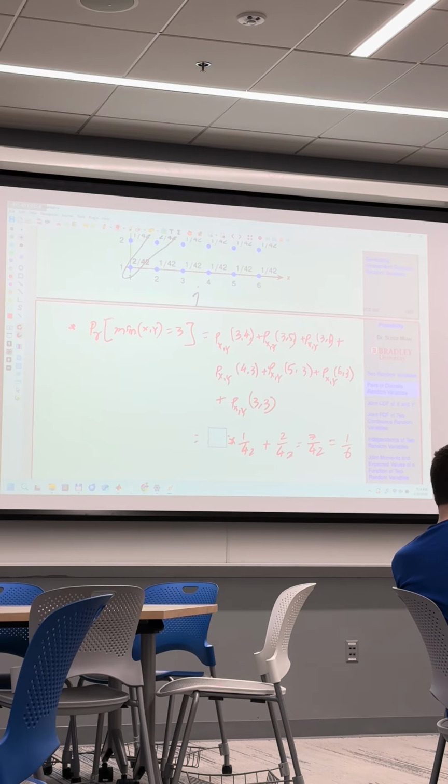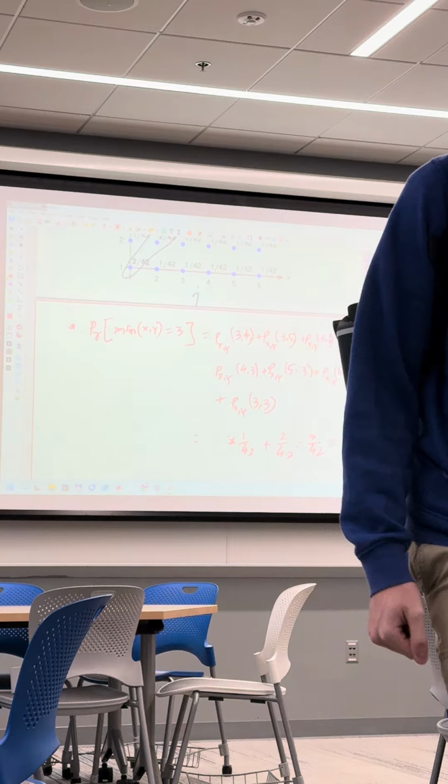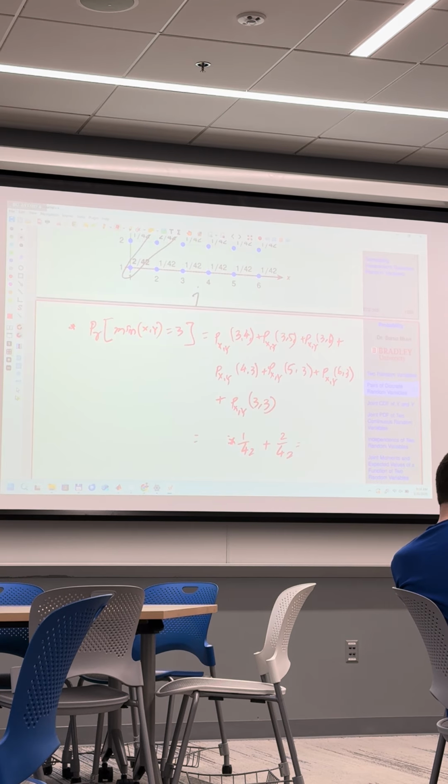So it's not 5. 1, 2, 3, 4, 5, 6. 6 of them is going to be 6 times 1 over 42 plus 1 of them is going to be 2 over 42. Is going to be 8 over 42, which is 4 over 21.